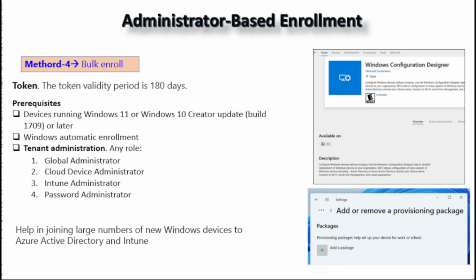The bulk token is valid for 180 days. After that, we need to create a new token and create a new package for device enrollment.